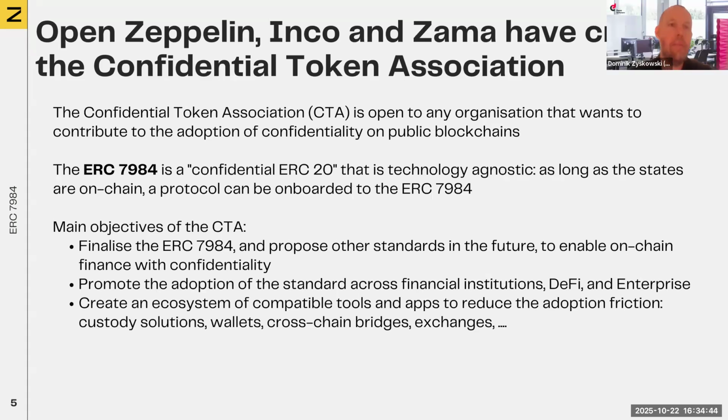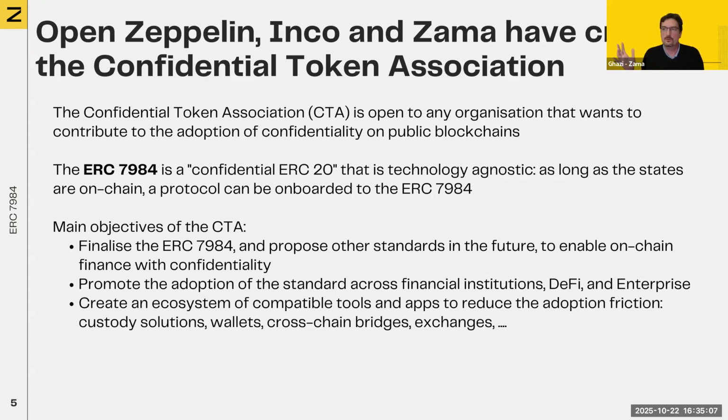Okay. So the biggest goal for now is to standardize this ERC 7984 and to create the ecosystem, right? That's why we're having all these discussions with all these ecosystem players. When you talk to a bank, they tell you, okay, we're using Taurus as a custody solution.